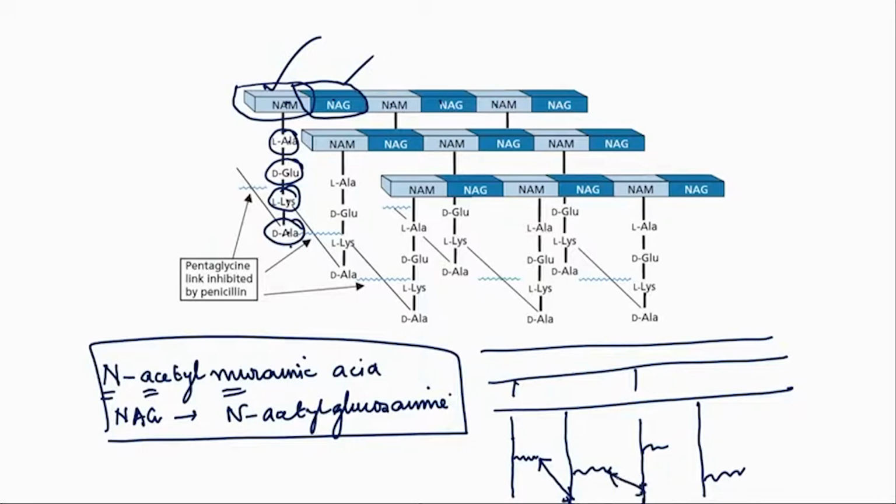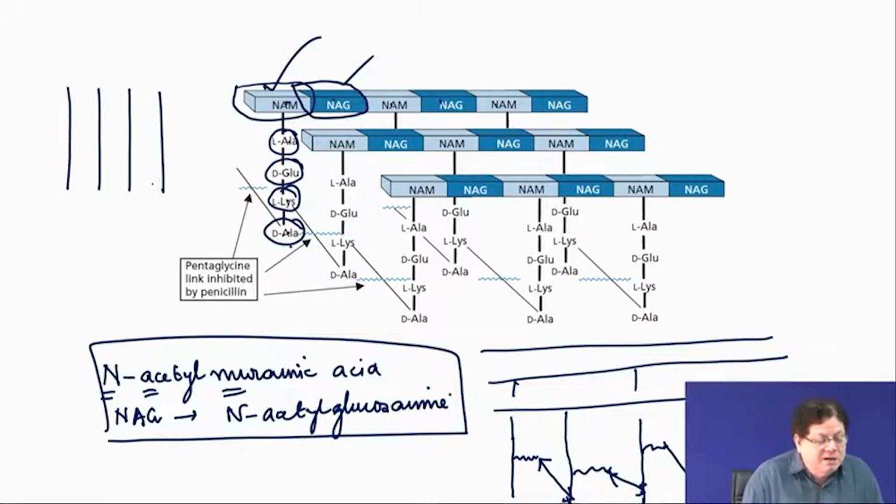See, if that happens, then the cell becomes very rigid. It is like if you have a lot of bamboo rods and you put them up to make a fence, only putting these bamboo poles will not be sufficient to protect.